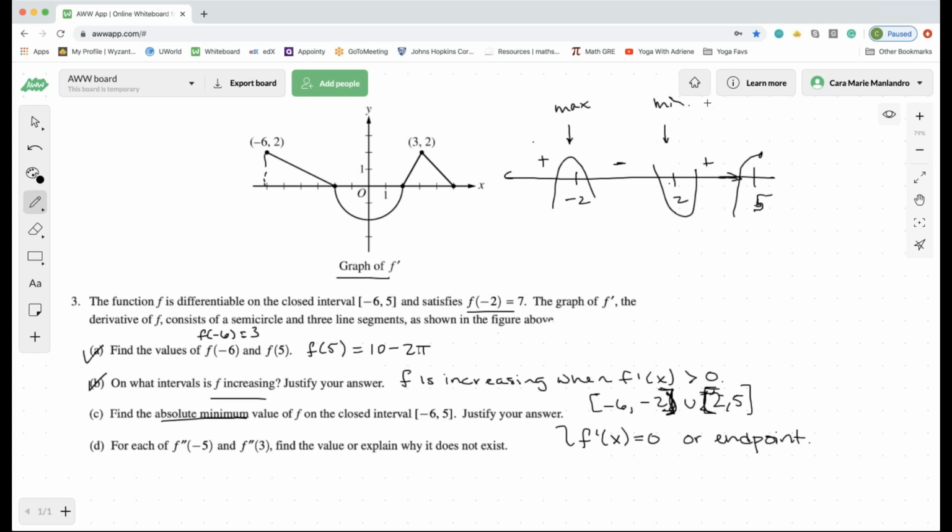Okay. All right, so at 2, I have a minimum. And then how do I go about figuring out what my function is? Well, we have some values, right? We just made some.